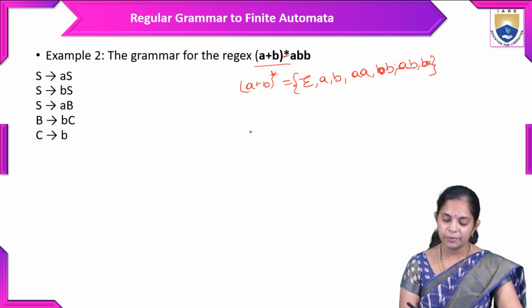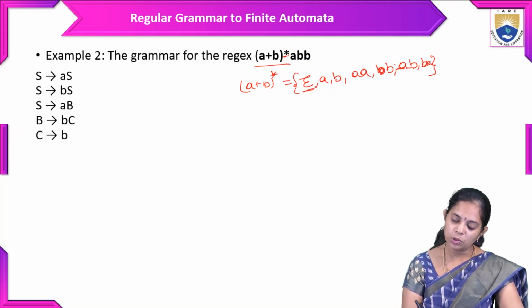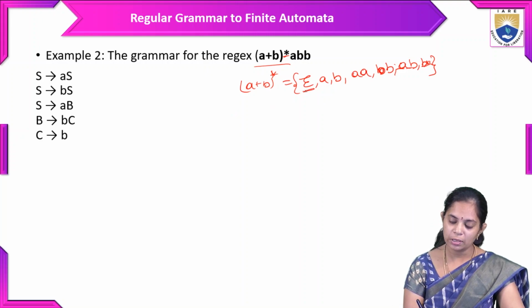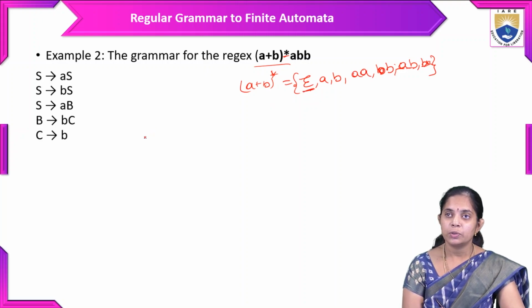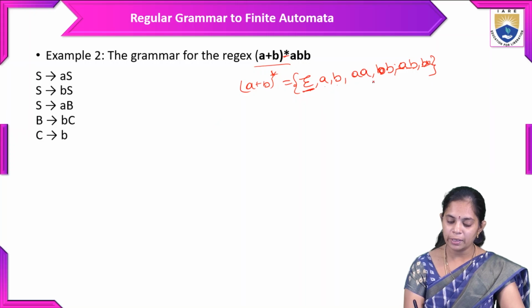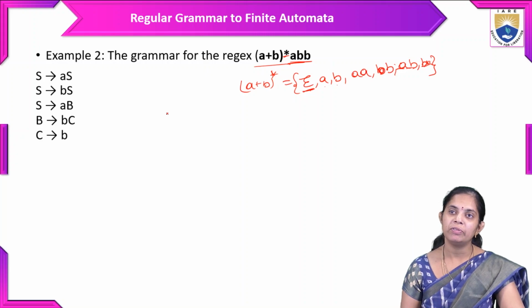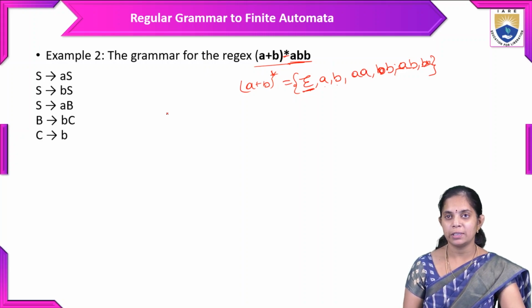And for this one, when we are having A plus B whole star, the epsilon is also there. So here epsilon, A, B. So this entire thing is not an epsilon. So one more, ending with A, B, B. That machine should end with the final state.